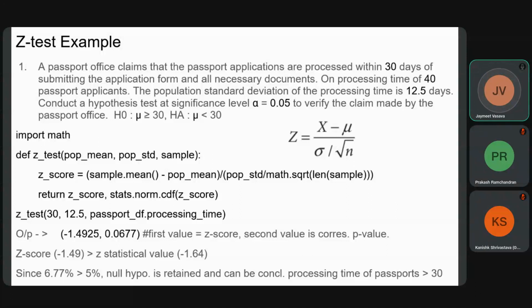So we conduct a hypothesis test with alpha equals 0.05 to verify the claim of the passport office. So our null hypothesis says that our mean is greater than or equal to 30, and our alternate hypothesis says that our mean is smaller than 30.